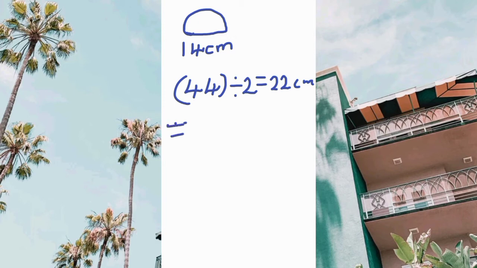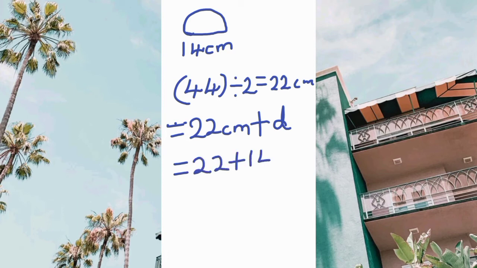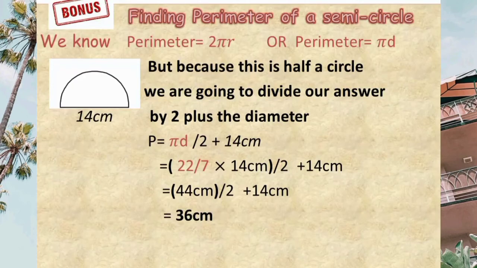So we're going to say 22 plus our diameter, which is 14 centimeters. So 22 plus 14 gives us 36 centimeters, and that is the perimeter of our semicircle. So guys, that's all we had to do to find the perimeter of our semicircle.